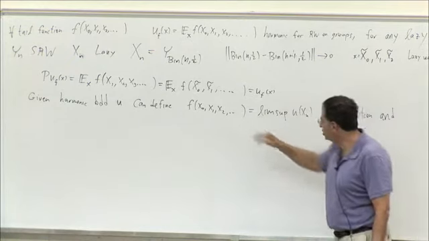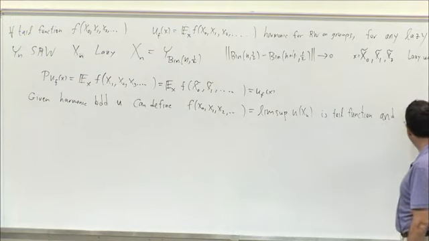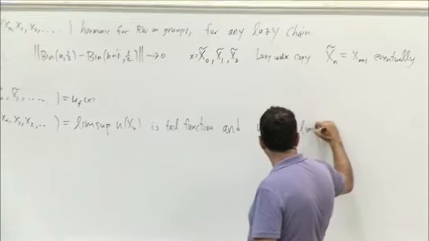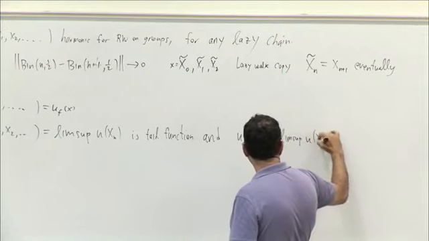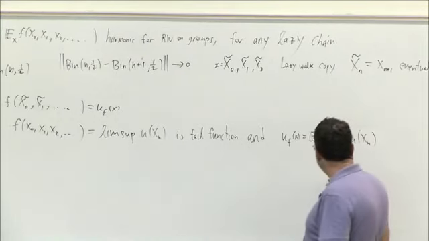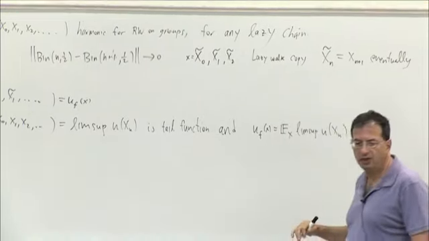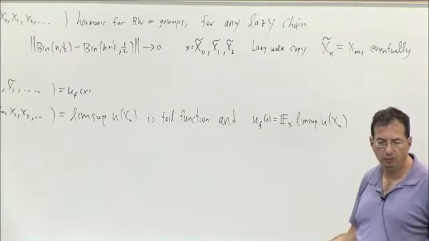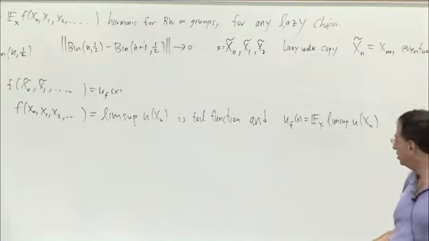And if I take this function f and apply uf, so uf of x is the expectation, starting from x, of the lim sup of u of xn. And now the key is u of xn is a martingale. For a function u which is harmonic, that just means that u of xn will be a martingale, and it's a bounded martingale.